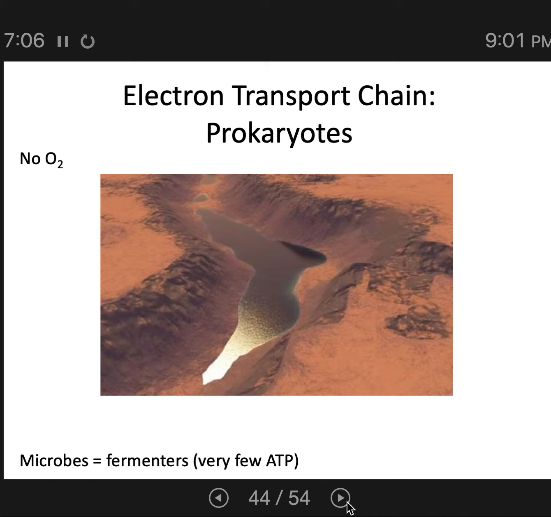We know that fermentation was first because essentially all cells can do it, because it really only requires the glycolysis step. All cells can perform glycolysis. It also does not require any special organelles or complicated enzymes. Fermentation generates very little ATP and a lot of acid. So acids are the byproduct of fermentation.